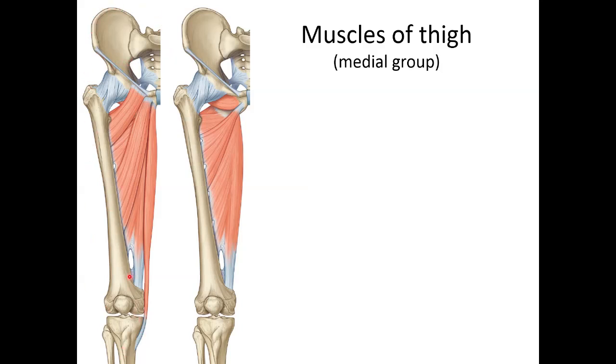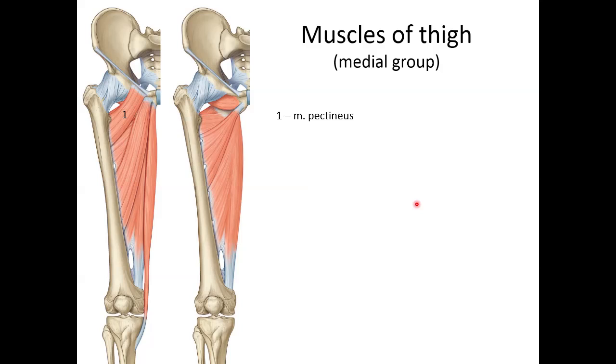So, quadriceps femoris was cut and removed, iliopsoas was cut and removed, and so on. So now we can see only the medial group of the thigh. And the first muscle is musculus pectineus.